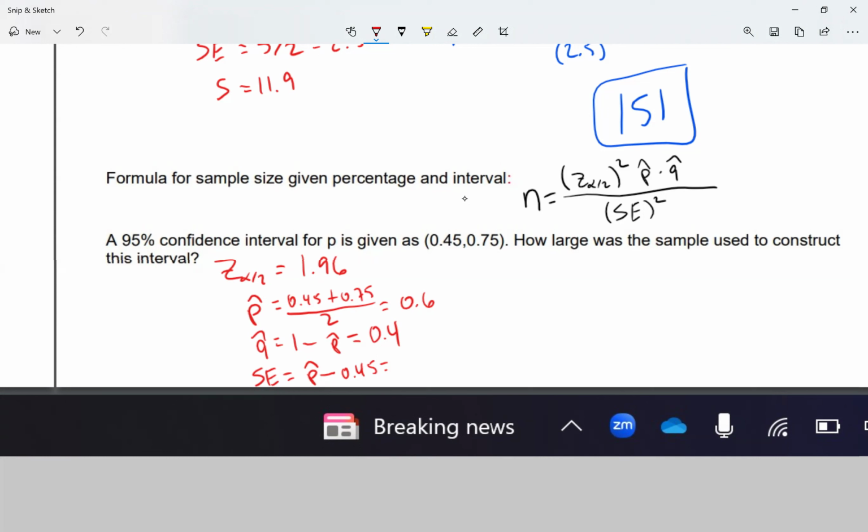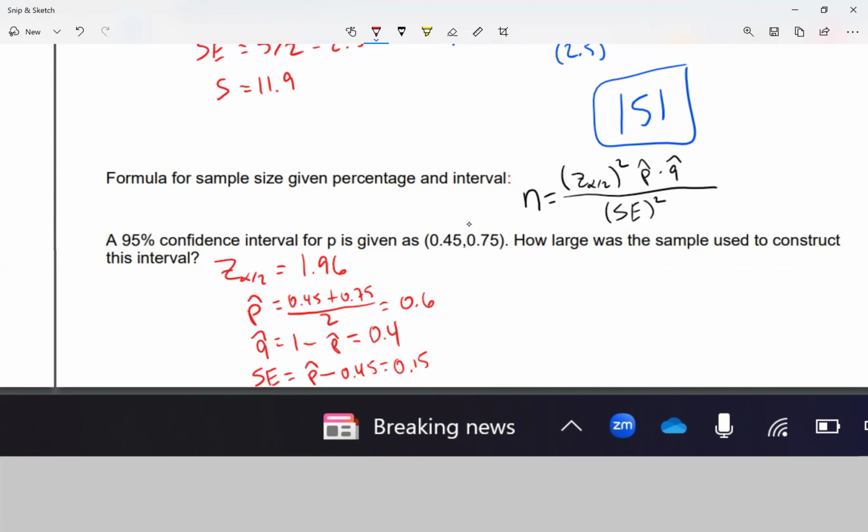I know P hat is 0.6. 0.6 minus 0.45 gives me a standard error of 0.15. So remember, the standard error is how far off you are allowed to go from the average, from the center. So 0.6 minus the low value. Now, some of you may ask, could I have used the 0.75? Yeah, in this case, 0.75 minus 0.6.